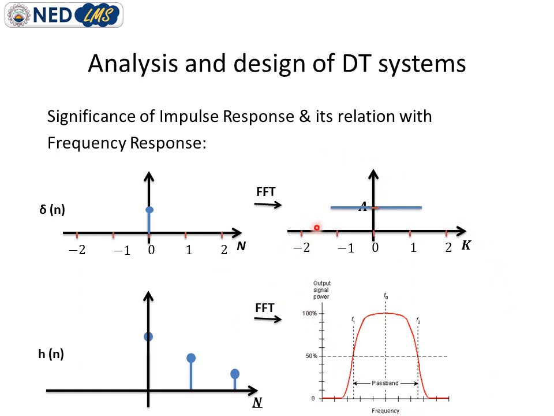For example, this impulse signal is providing us a constant or DC line in the frequency domain. So it means we are applying all the possible range of frequencies to that system.